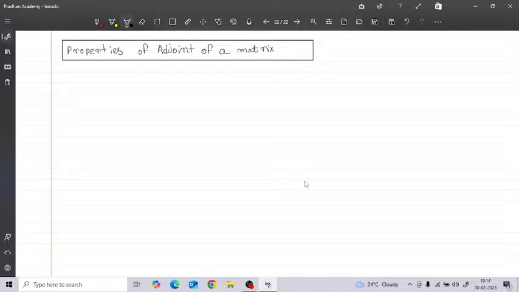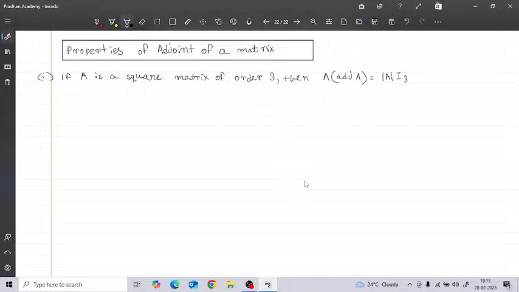Okay, so what is the first property? The first property is: if A is a square matrix of order 3, then A into adjoint of A is equal to determinant of A into I3.